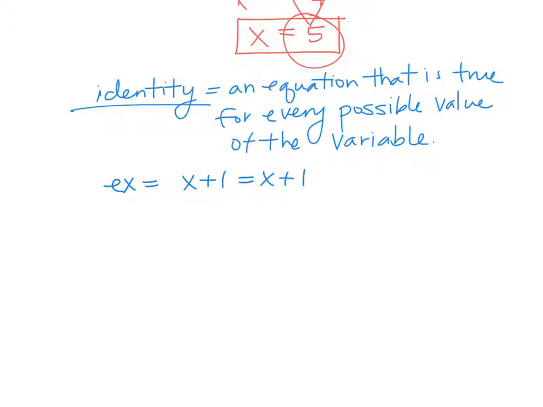So that's an example of what an identity might look like. Okay. Another example is maybe it says 15 equals 15. When they are equal to each other and there is no x, you just get 15 equals 15. We say that's an identity. So both of these are examples of what identities might look like.